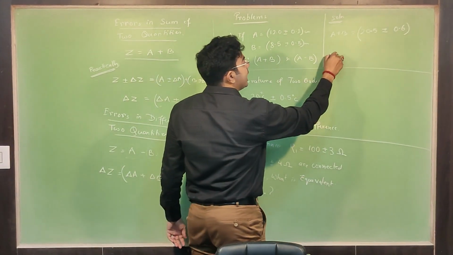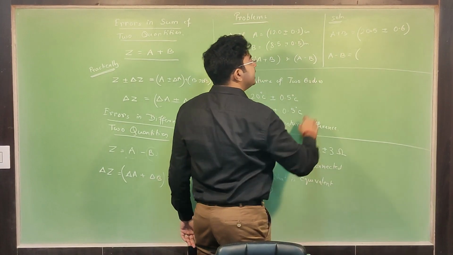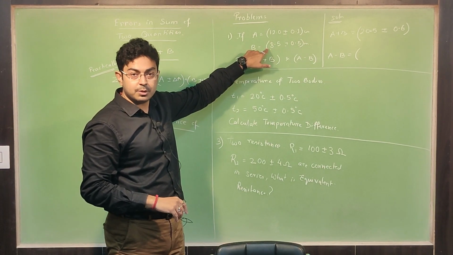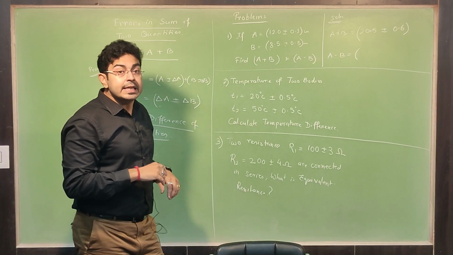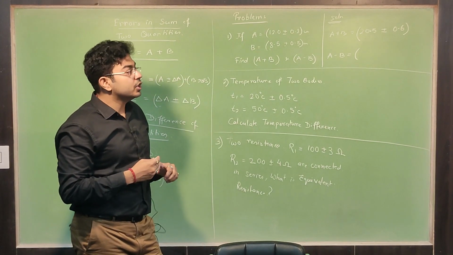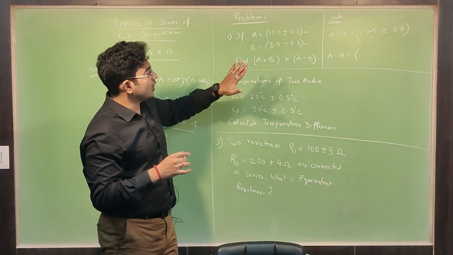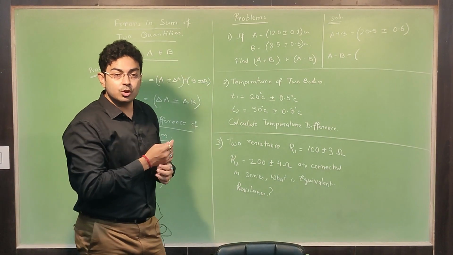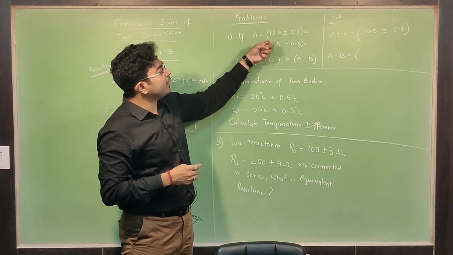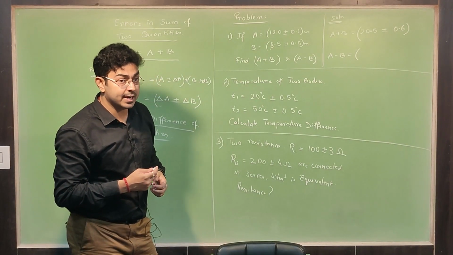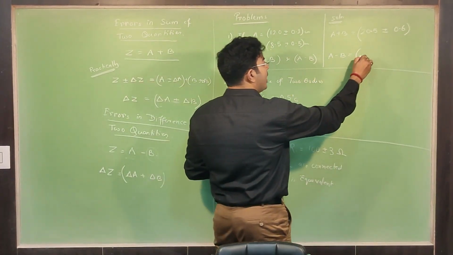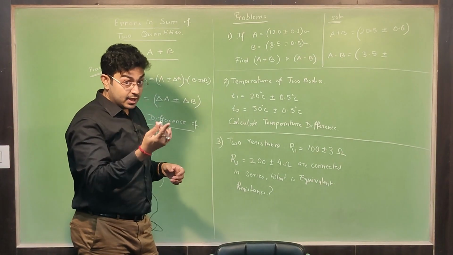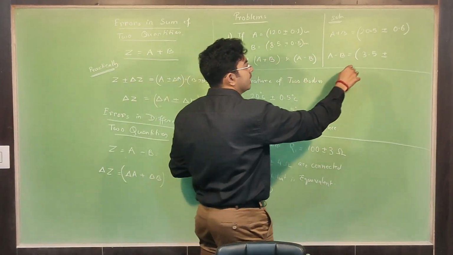Now here also A minus B. What will be the error? 12.0 minus 8.5, sorry, not 20. How much are we going to get? Any idea? We are going to get 3.5 plus minus how much? The error we always have to add in this situation, that is 0.6.